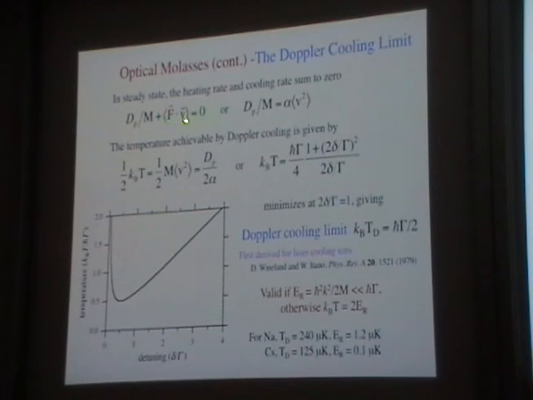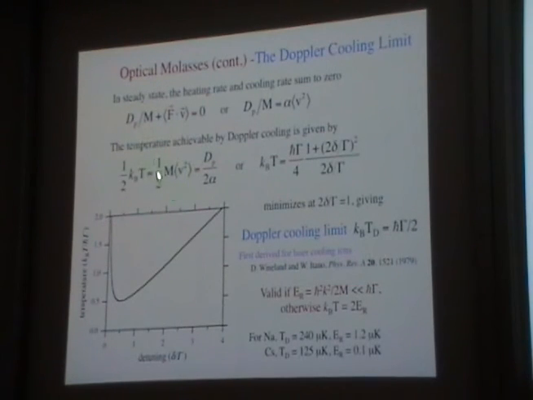By looking at the steady state situation and plugging in the numbers for the diffusion coefficient, you find that the average kinetic energy of the atom is going to be proportional to the diffusion coefficient divided by the damping rate.